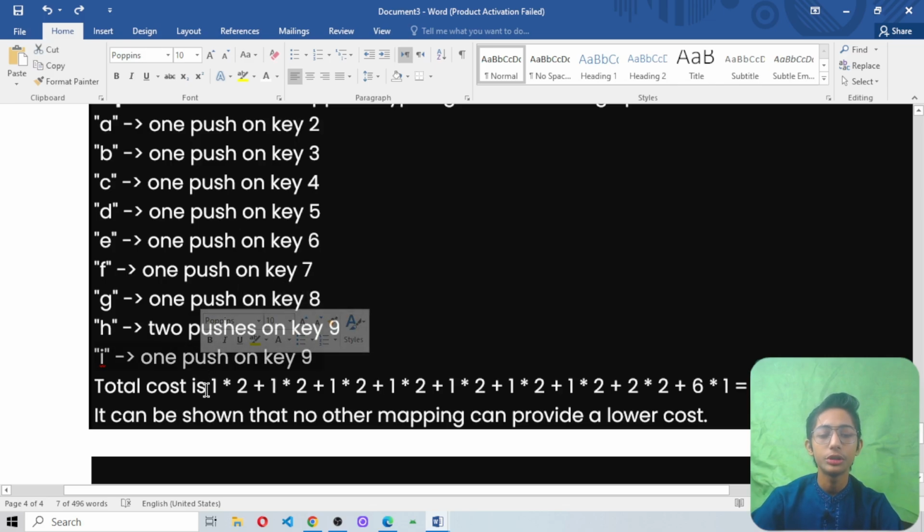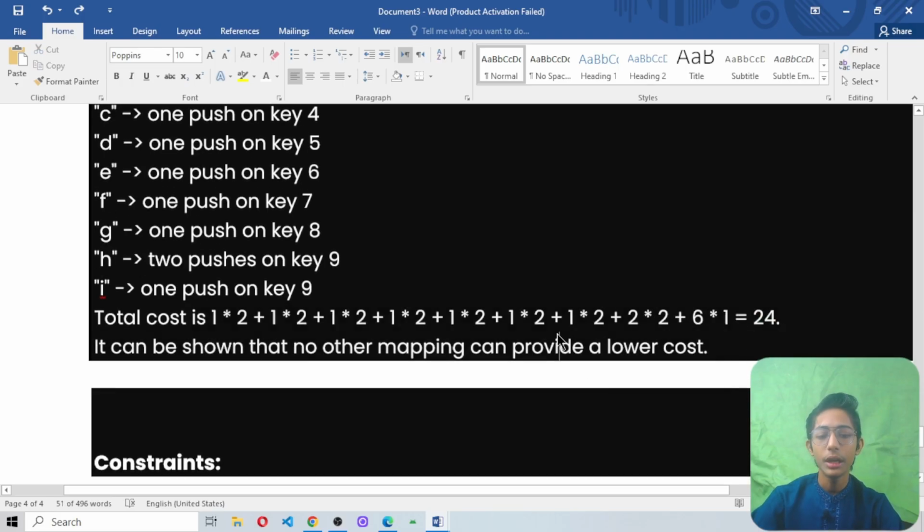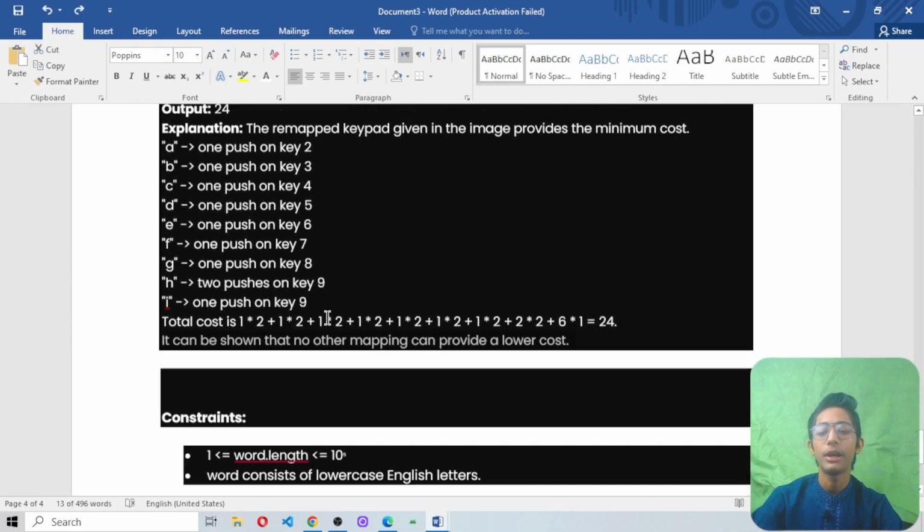So the total cost is 1 multiplied by 2 plus 1 multiplied by 2, and so on, then plus 2 multiplied by 2 plus 6 multiplied by 1, which equals 24. So it can be shown that no other mapping can provide a lower cost.